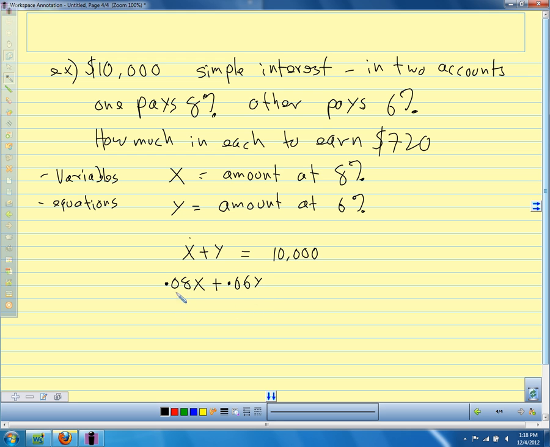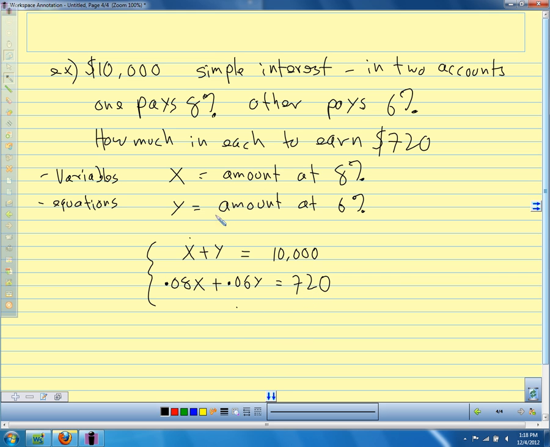This is how much I earn in the 8% account, 0.08 times however much I invest in there, plus 0.06, that's how much I'm going to earn in the other account. We want that total to give us $720. So there are my equations. The total amount I have to invest is $10,000. The amount I earn in one account plus the amount I earn in the other account has to add up to $720.